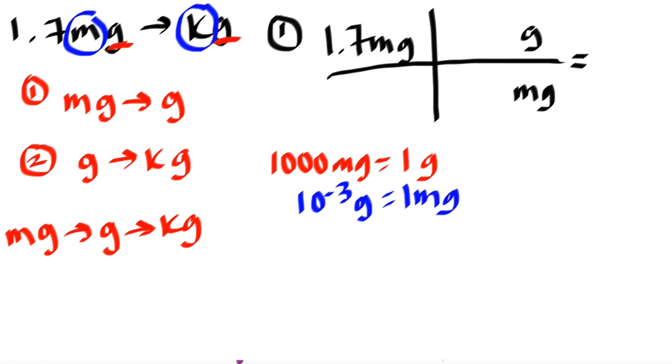Up to you. I'm going to say for every 1 gram, there's 1,000 milligrams. And that answer will be 1.7 times 10 to the minus third grams. Okay? So do 1.7 divided by 1,000.